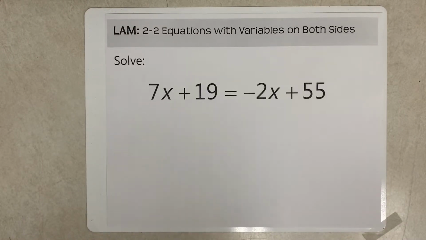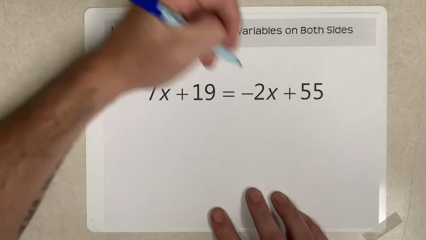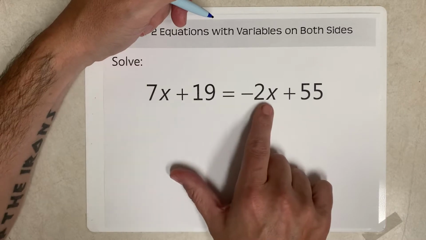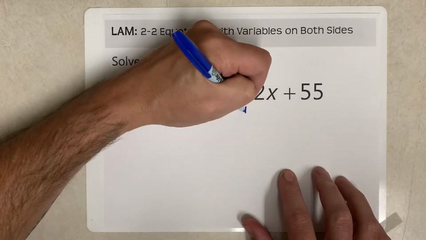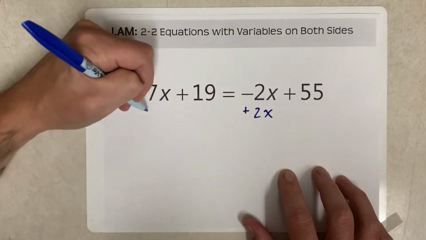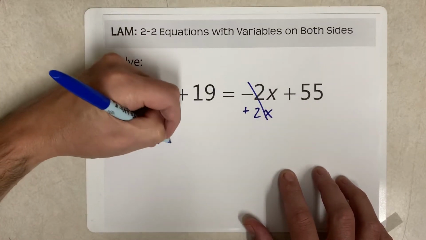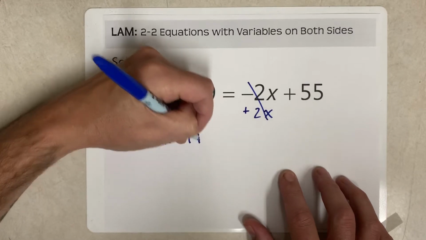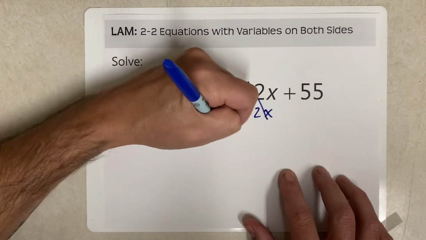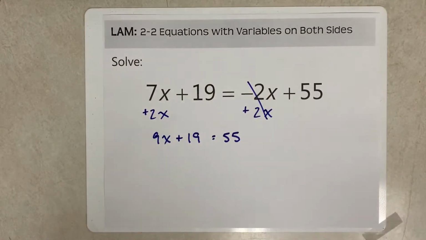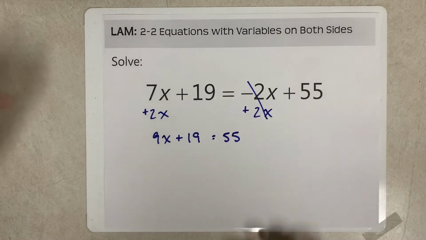Okay, back to the kind of easy ones again. 7x plus 19 is equal to negative 2x plus 55. Let's go ahead and add 2x to both sides. So we'll get 9x plus 19 is equal to 55. All right, so now I'm going to have to subtract 19 on both sides.